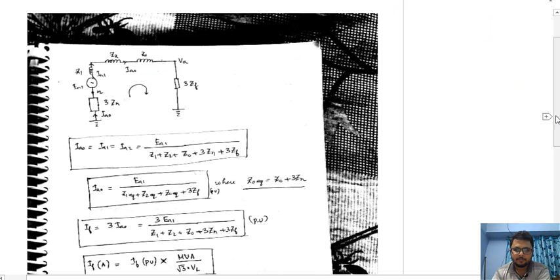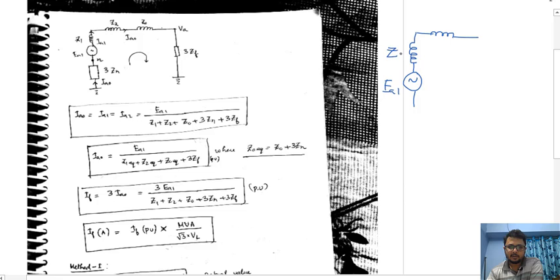All right, now let me draw the figure for the sequence networks. We know how to draw positive sequence, negative sequence and zero sequence networks. A positive sequence network is represented by a single impedance and a source. A negative sequence network is represented by a simple impedance.